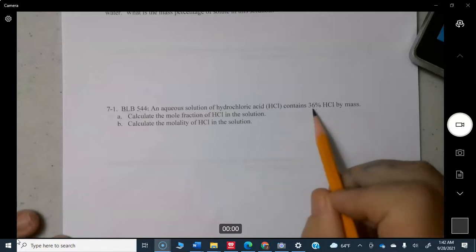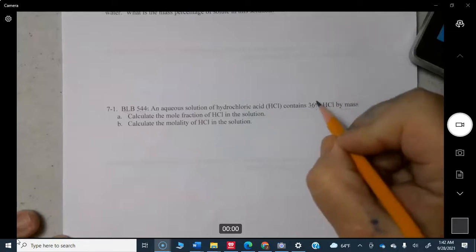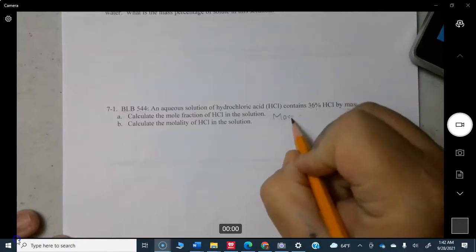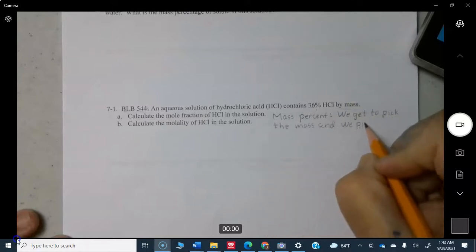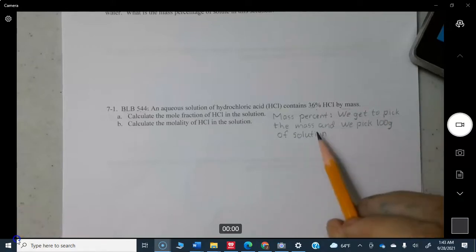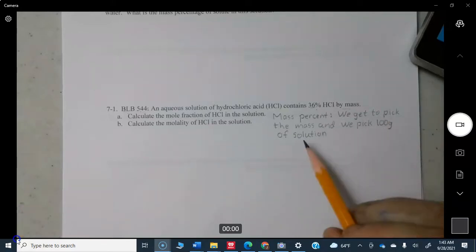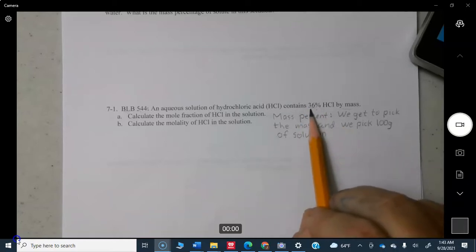What we're going to do then is anytime we have a mass percent, we get to pick. Remember, in mass percent, we get to pick the mass, and we choose to pick 100 grams. So that means it's going to be 36 over 100.